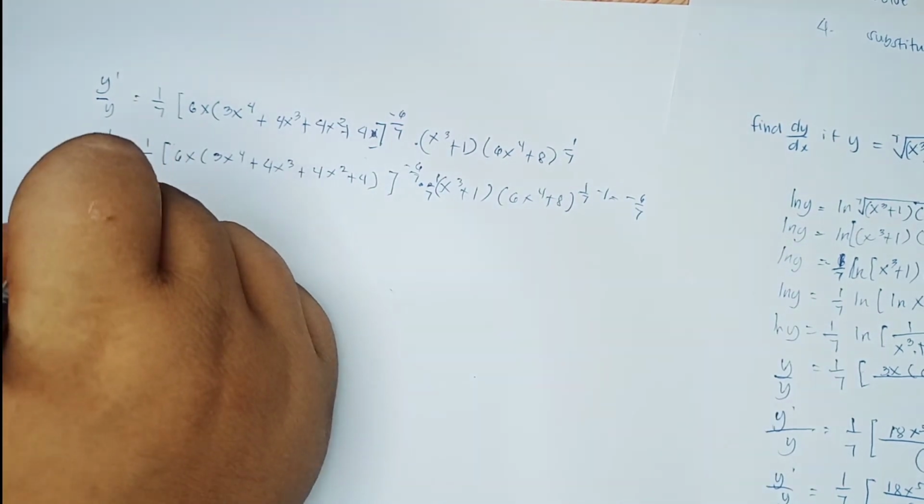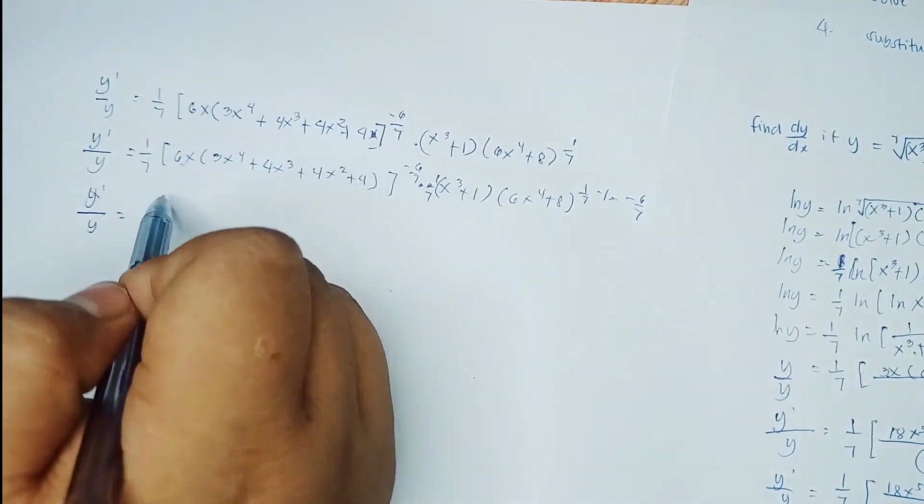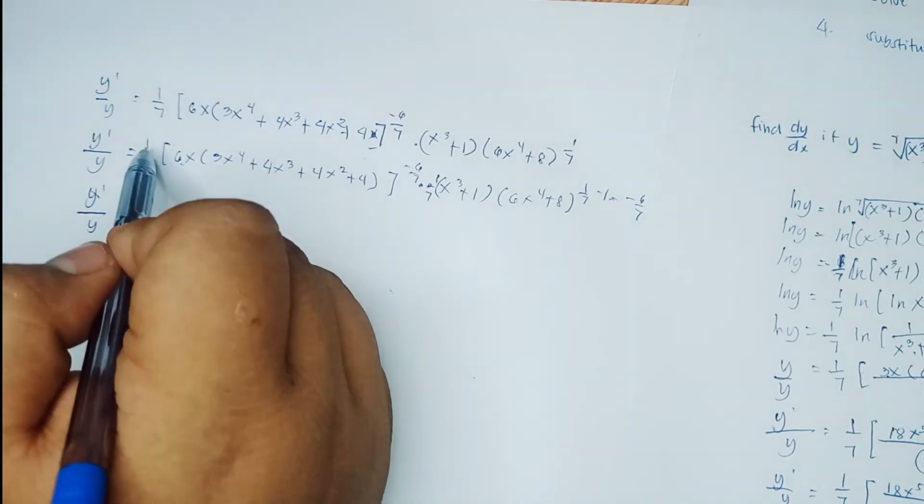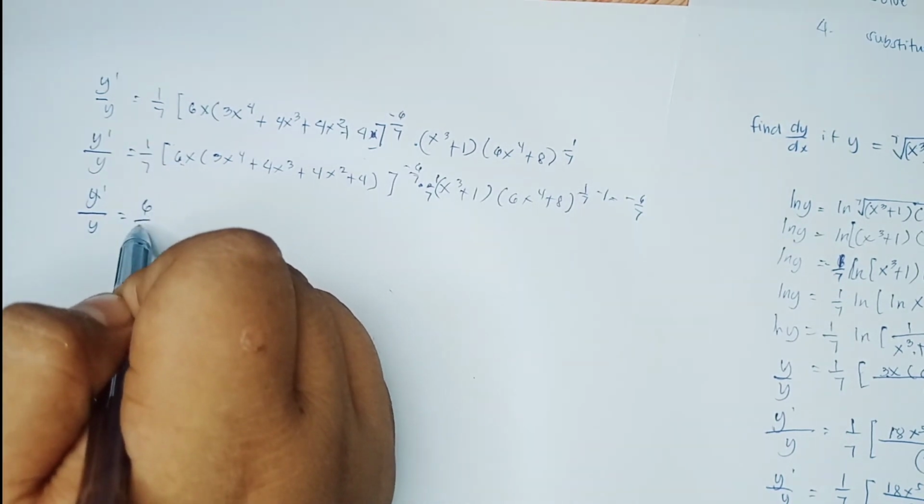Now y prime over y is equal to, what we're going to do is to put 6 here, 6 over 7.